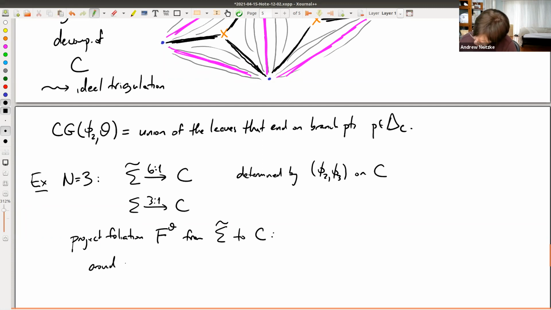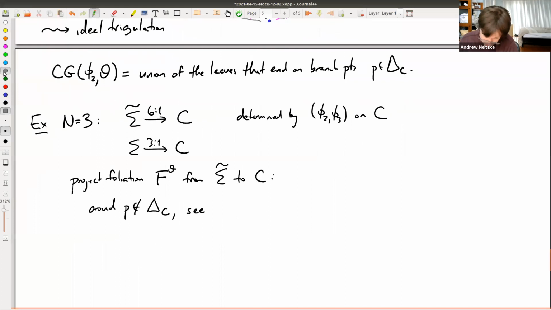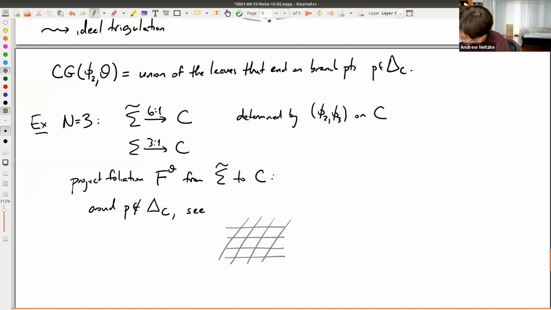In a neighborhood of a point which is not in the discriminant locus, before we saw just one foliation, now we're going to see 3 regular foliations. And so the topology of the picture will look something like this. And if I like, I could label the different foliations by where they came from on the cover.